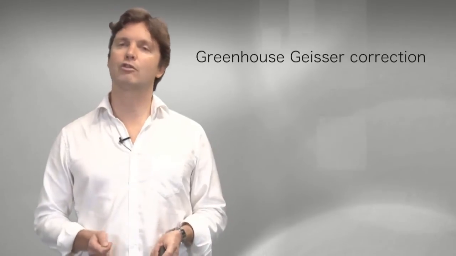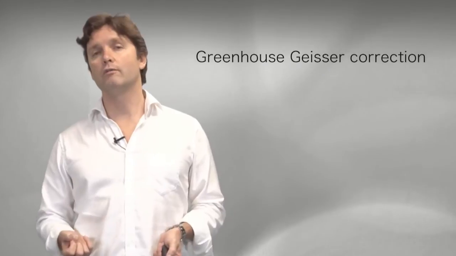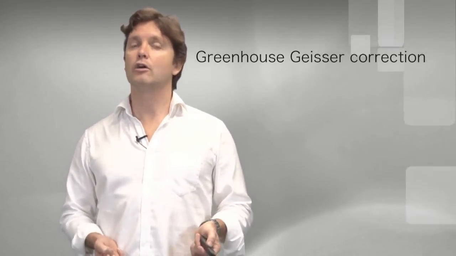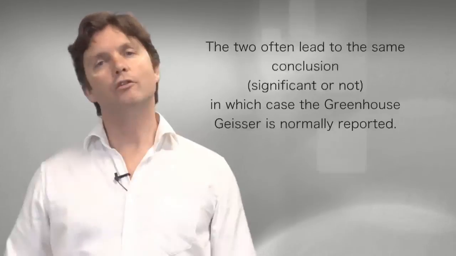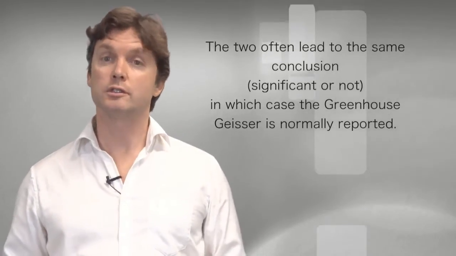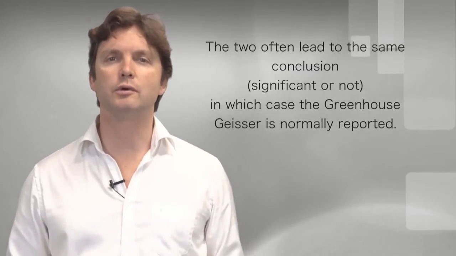The 2 that we are interested in are the Greenhouse-Geisser correction, which tends to be more conservative, and the second is a Huynh-Feldt correction, which tends to be more liberal. The two often lead to the same conclusion, significant or not, in which case a Greenhouse-Geisser is normally reported.